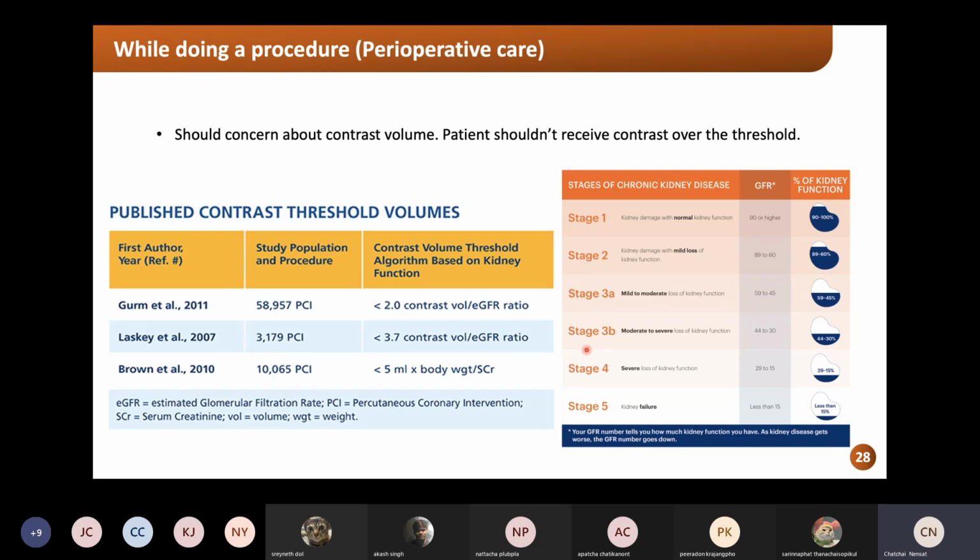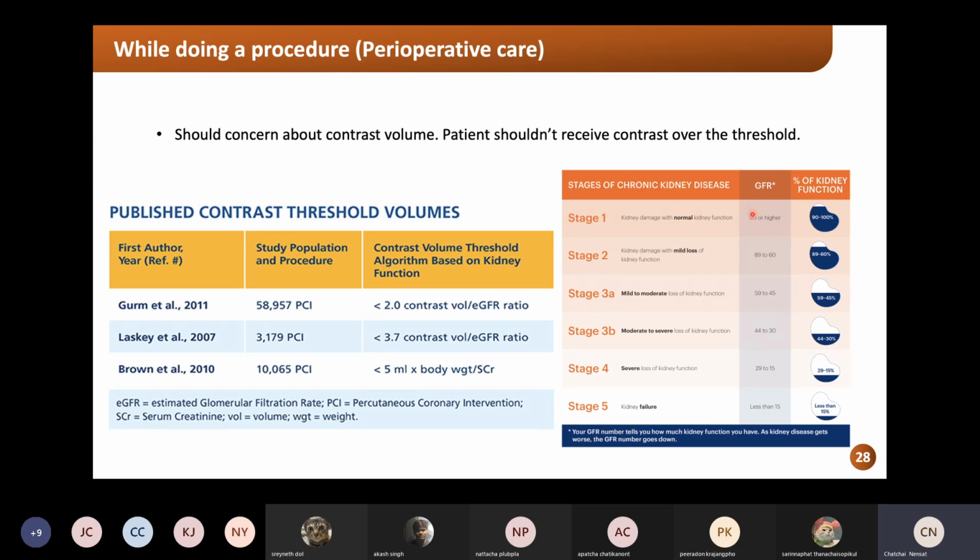For example, in normal people, the GFR, glomerular filtration rate, is the rate that shows how the kidney filters the blood, filtering out waste. So people with normal kidney function have a GFR of about 90 or 100%.